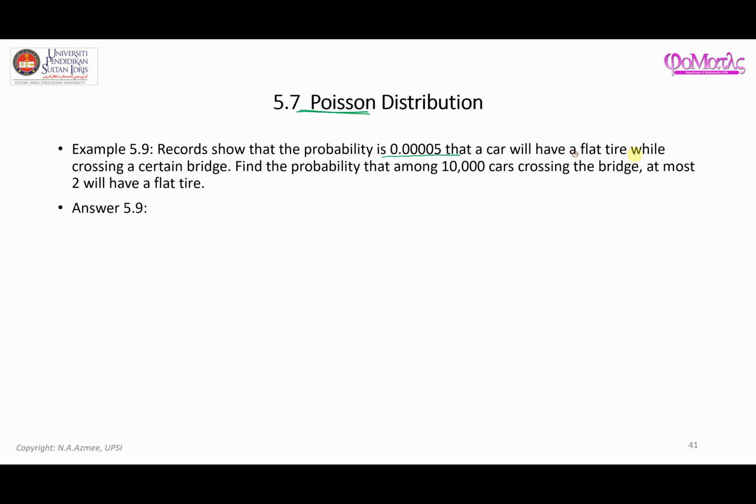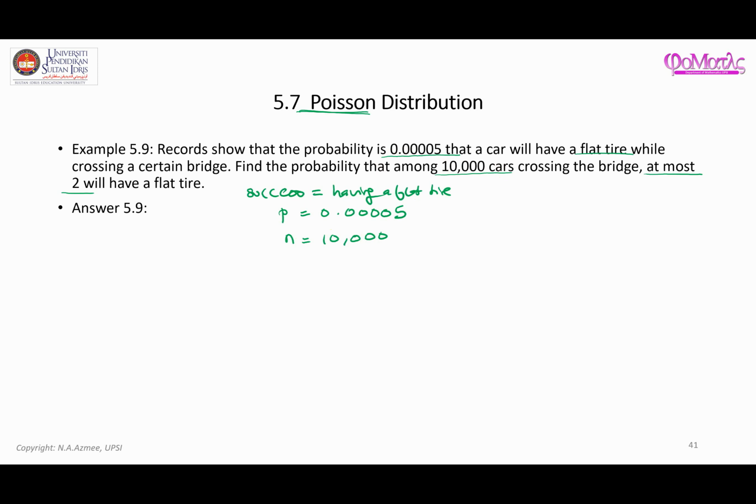So we can see clearly that in this case, success is defined as having a flat tire, and the probability of success is 0.00005. And this is such a big number of trials: n equals 10,000, where you keep checking each car to see whether it has a flat tire or not. So clearly there are two possible outcomes, success and failure, flat tire or no flat tire.